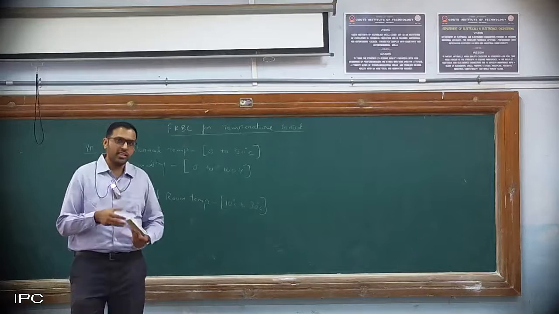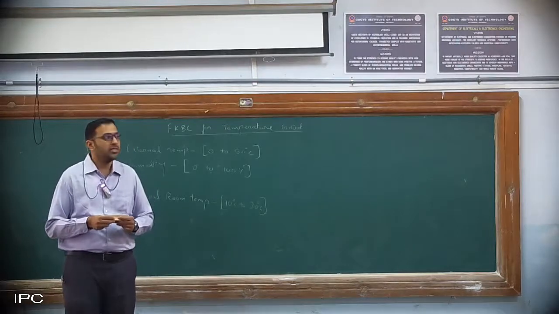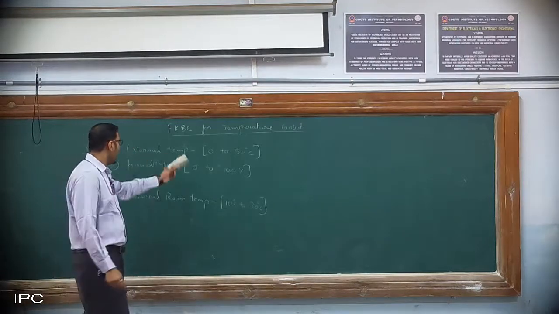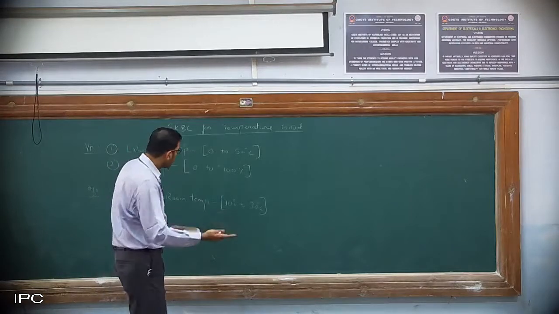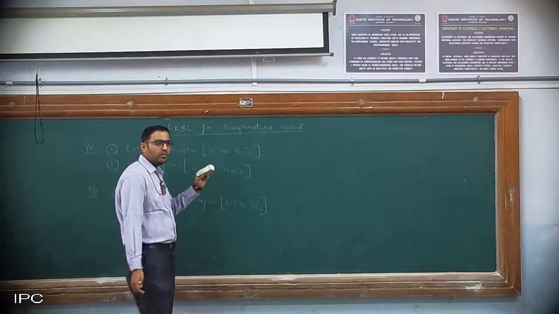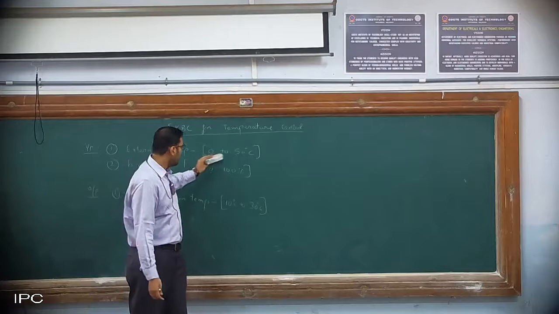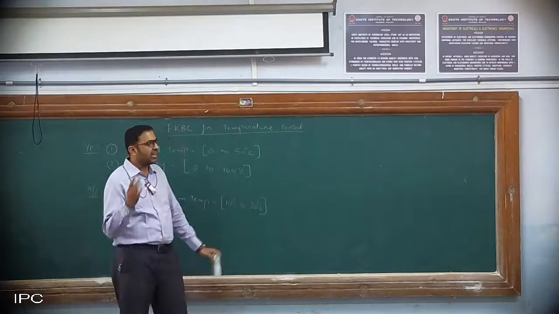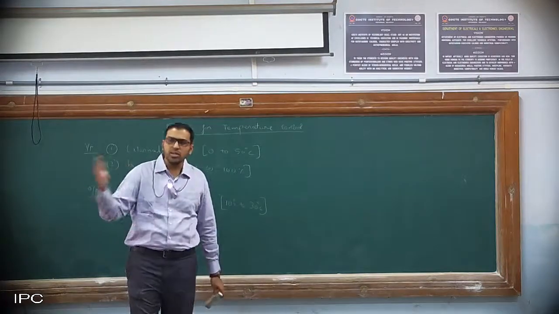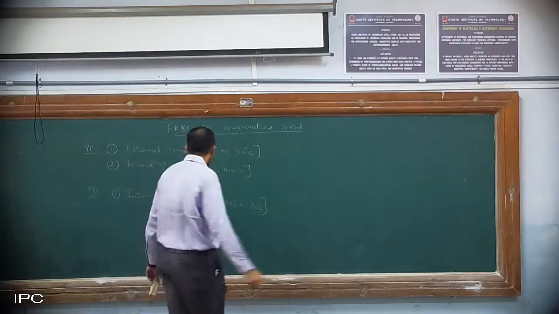Now the next step is the term set. Term set is what again? We need to divide this into a few subcategories. As we have already seen in the previous lectures, we will not be using the direct 0 to 50. Instead, we will be dividing it into subcategories.